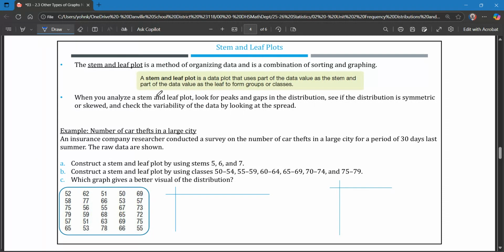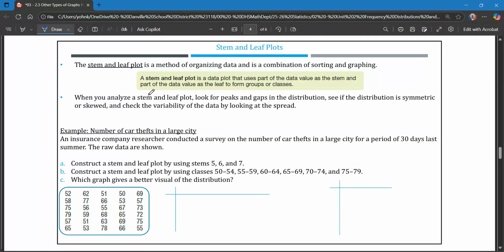When you analyze a stem and leaf plot, you're going to look for peaks and gaps in the distribution, see if the distribution is symmetric or skewed, and then check the variability of the data by looking at the spread, if it's very spread out or if all the numbers are close together.